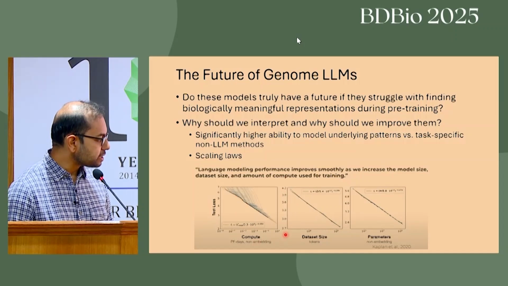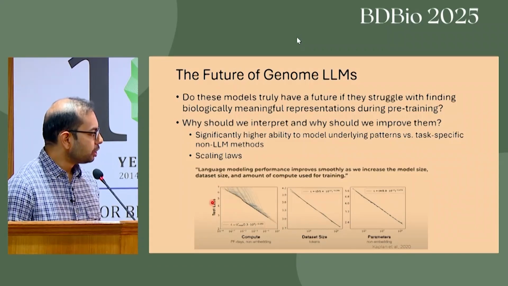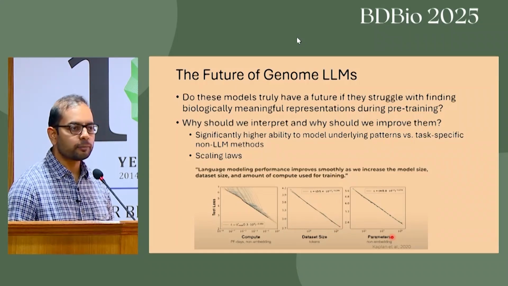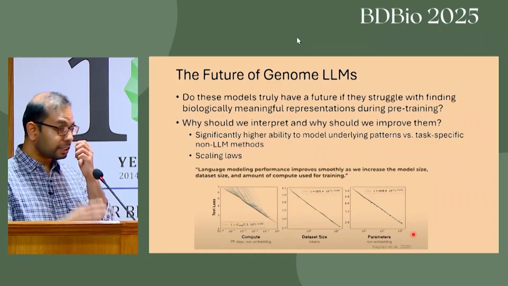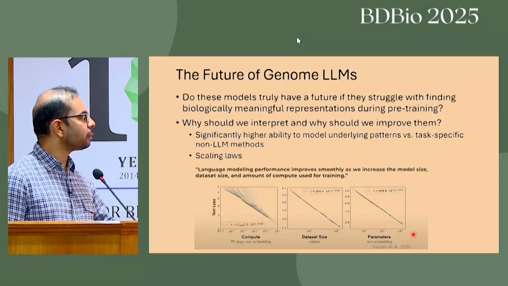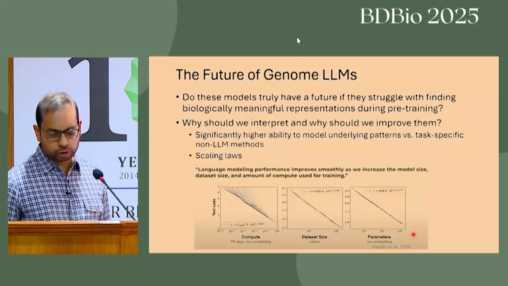The x-axis is various things here. If the x-axis is compute, as you provide more compute to the models, you reduce the loss. You provide more data, you reduce loss. You have a model with a larger number of parameters, again you reduce loss. So far this has been happening, and we still haven't seen the tapering yet. So who knows, maybe if we just keep having bigger and bigger models, we are able to solve this problem.